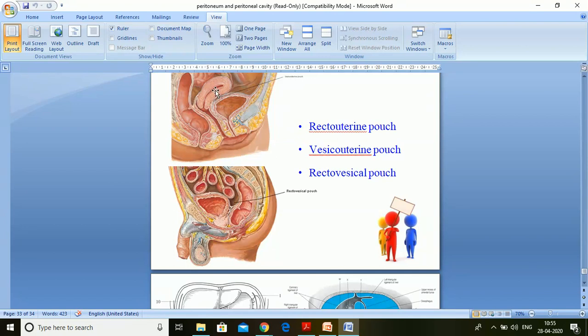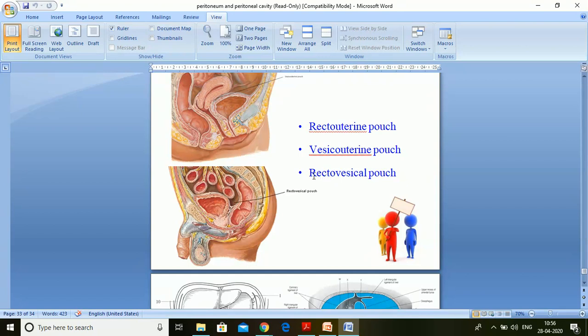The space between the rectum and the uterus is called the rectouterine pouch, also called the pouch of Douglas, and it is very important for clinical investigations. The pouch seen in front of the uterus is called the vesicouterine pouch, the space between the urinary bladder and the uterus.